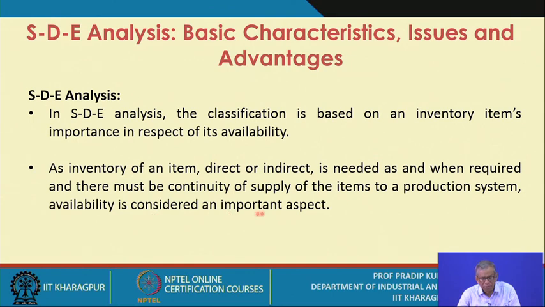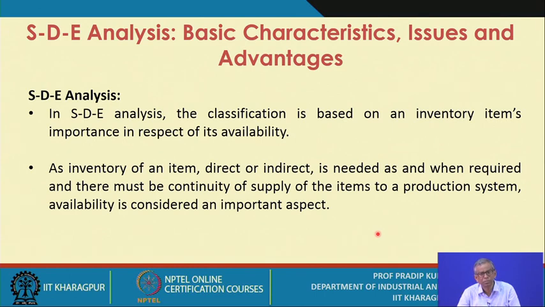Availability is considered an important aspect. As we have mentioned, your inventory management should be such that the availability of an inventory item must be guaranteed, as well as the continuity of supply. It's not that the item is to be made available only for a specific time period.